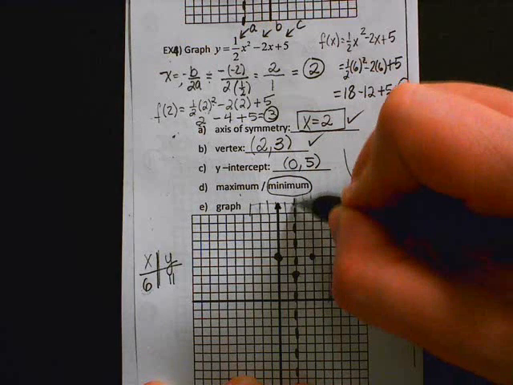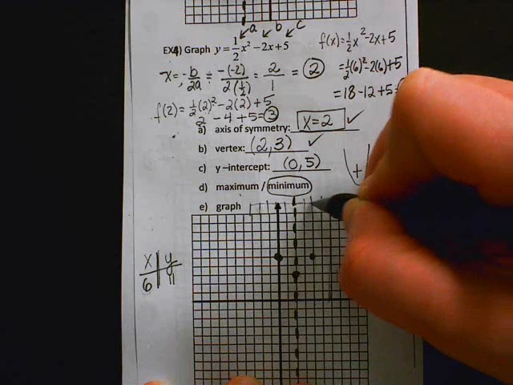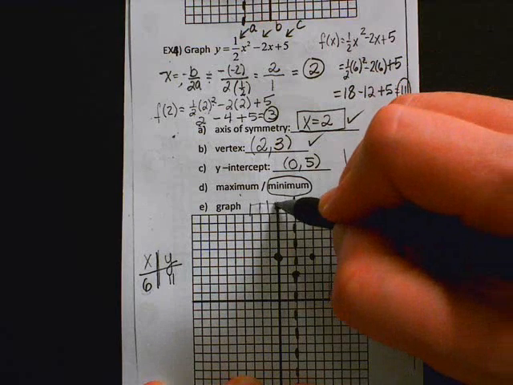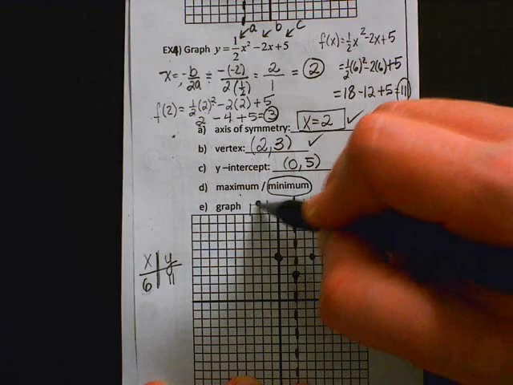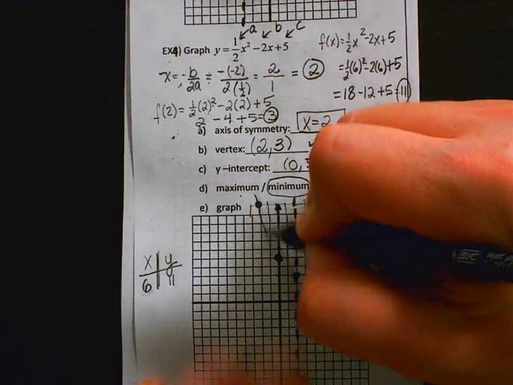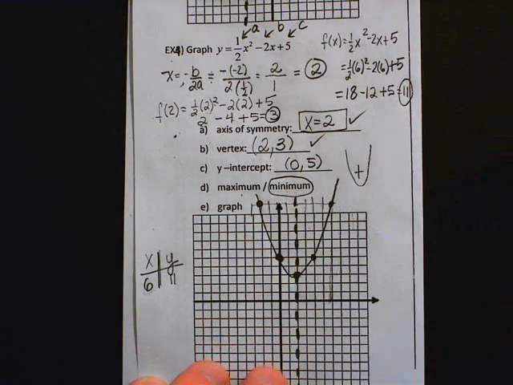Here's my line of symmetry, and I'm saying there's a distance of 4, like 1, 2, 3, 4. So my reflection would be 1, 2, 3, 4 to the other side. Alright, so now I got my points, and this will be my graph.